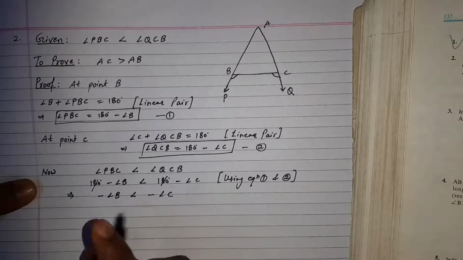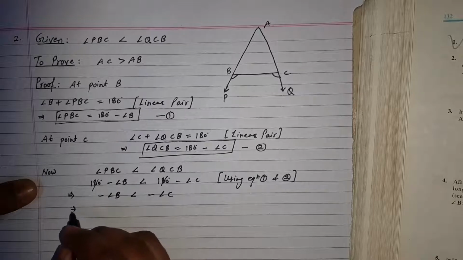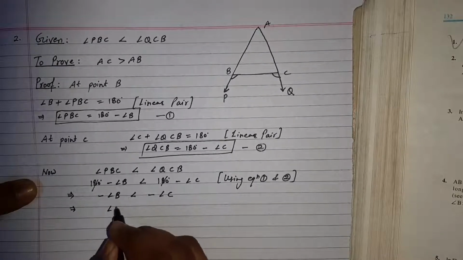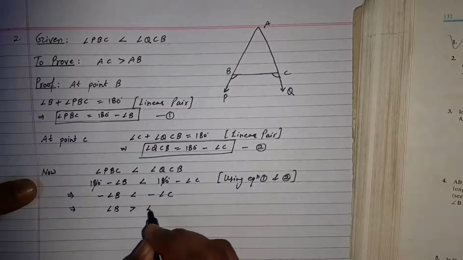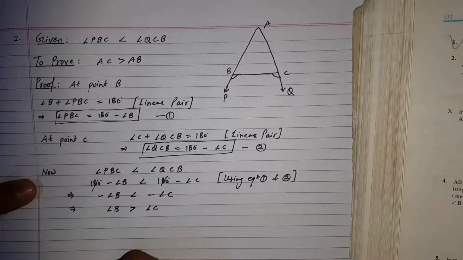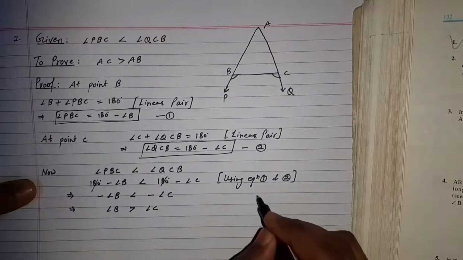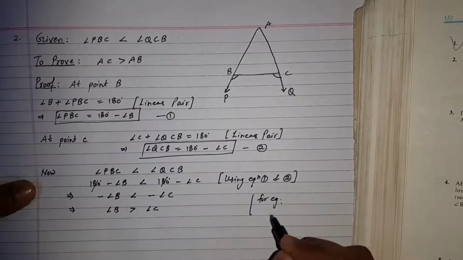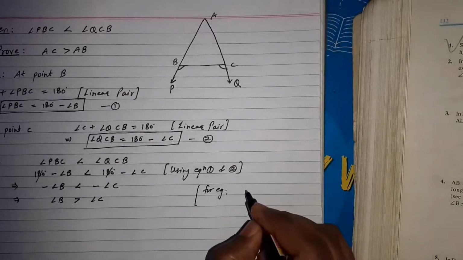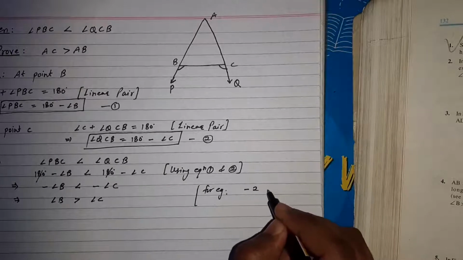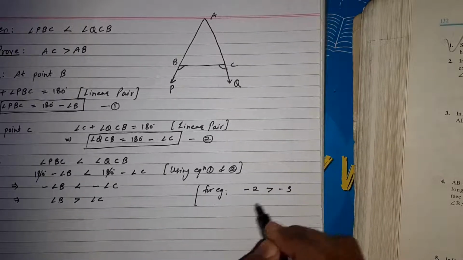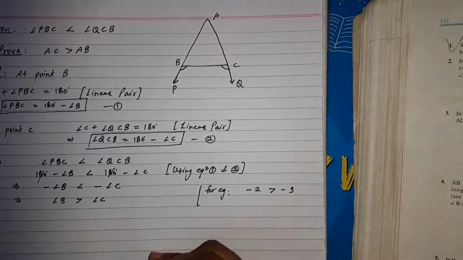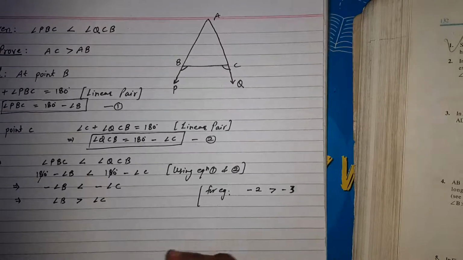So angle B is greater than angle C. For example, suppose minus 2 is greater than minus 3. Is it right? Yes, it is right.